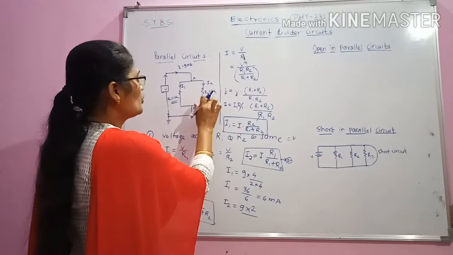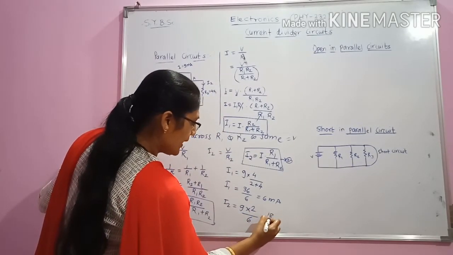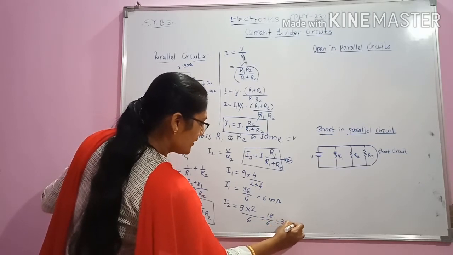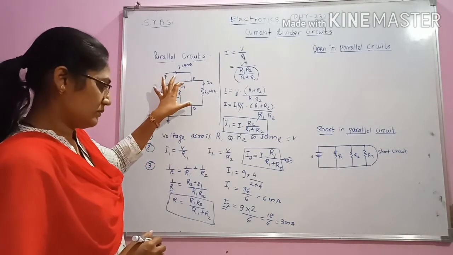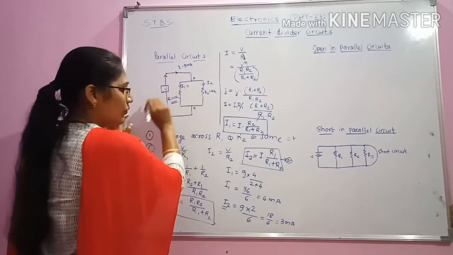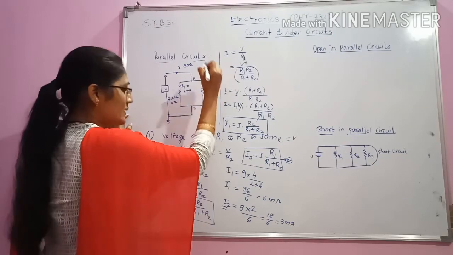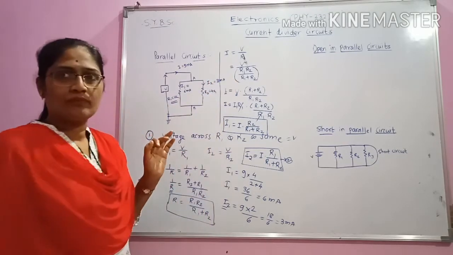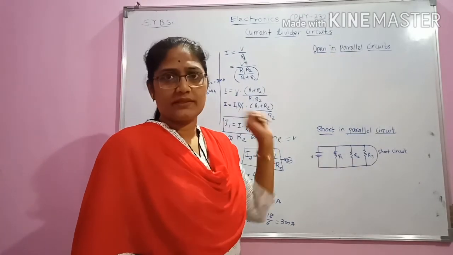R1 plus R2 means 2 plus 4 is equal to 6. So 18 upon 6, so 3 milliampere will be the value of I2. So for this parallel circuit, we have calculated the value of I1 as 6 milliampere and the value of I2 as 3 milliampere. Now we will see what is open in parallel circuits.